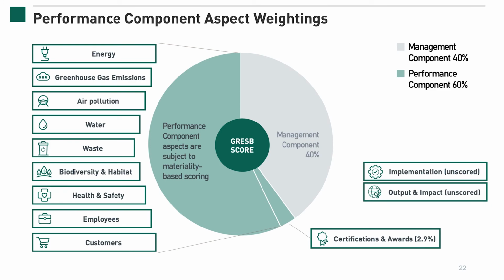The performance component accounts for 60% of the asset's GRESB score. The maximum score for certifications and awards is fixed at 2.9%, and the indicators in the aspects implementation and output and impact are unscored. All other aspects and indicators in this component are subject to materiality-based scoring. Materiality-based scoring is further explained in a separate lesson.